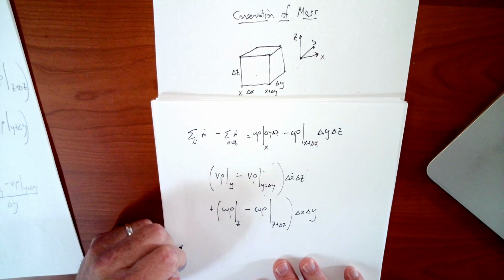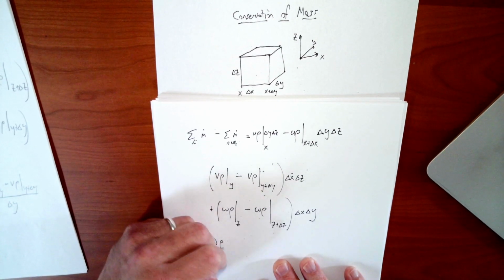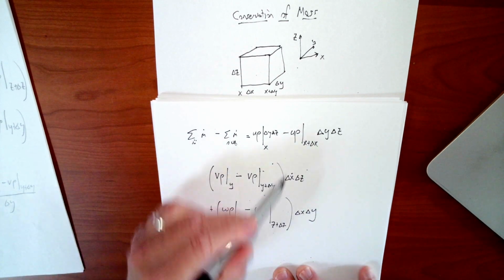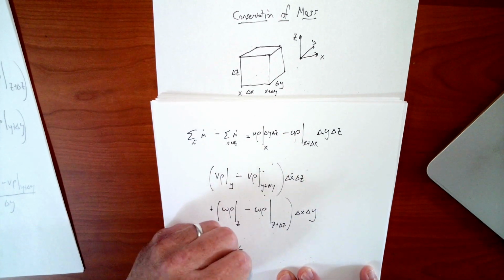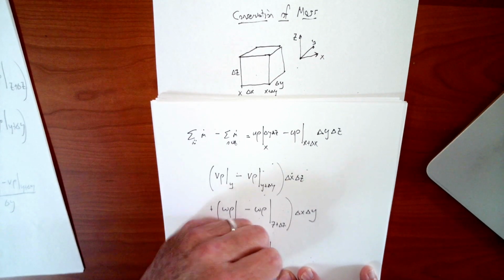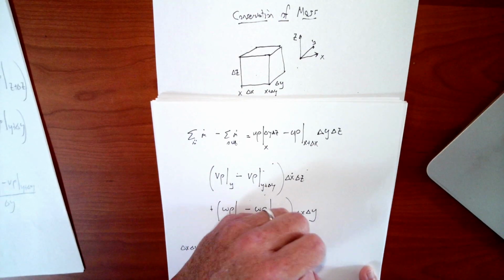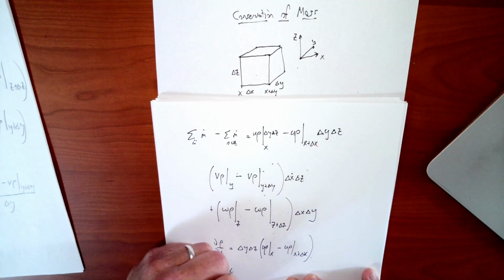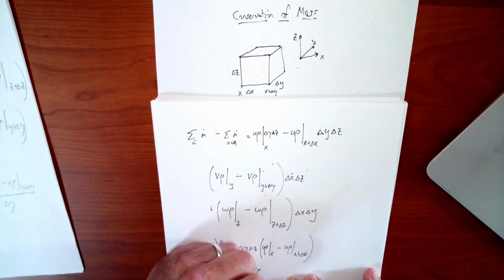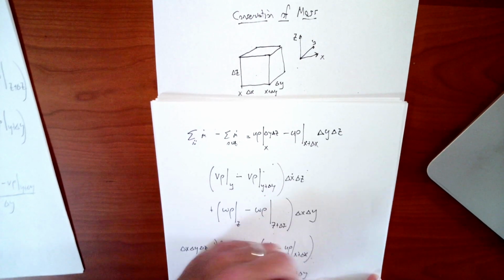On the left-hand side, we had delta x, delta y, delta z times d rho dt. And that was all equal to mass in minus mass out, which is all of this stuff. So I have delta y, delta z times u rho at x minus u rho at x plus delta x. Then I have delta x delta z times v rho at y minus v rho at y plus delta y.